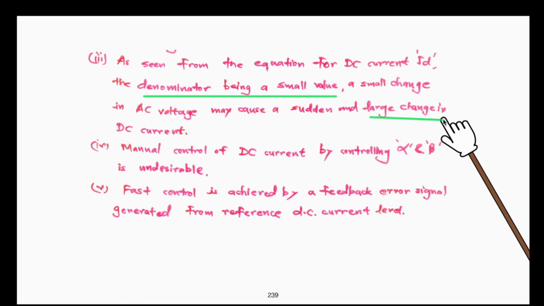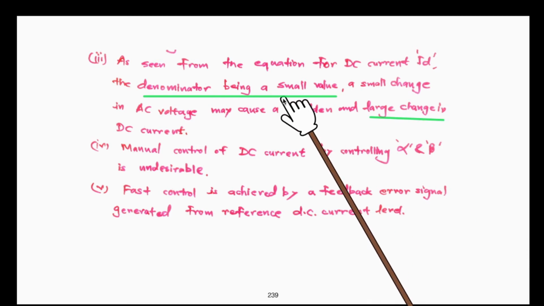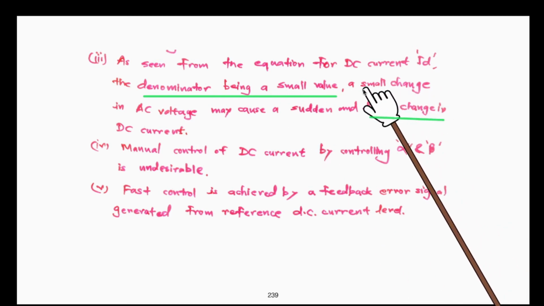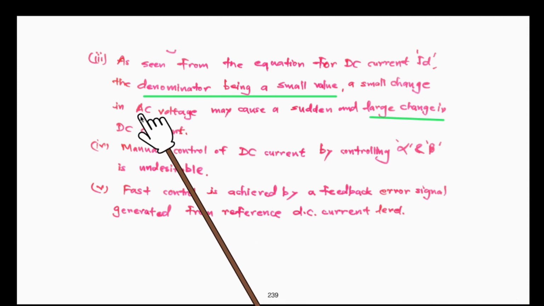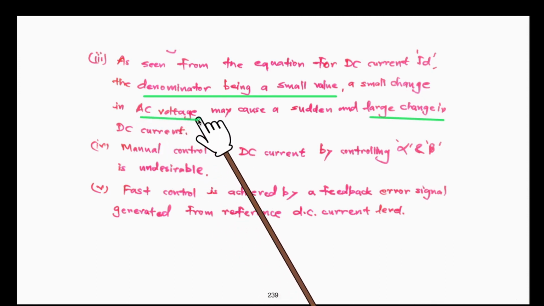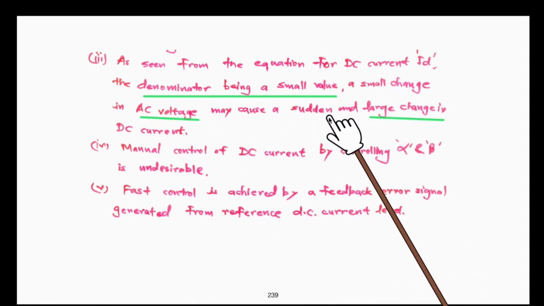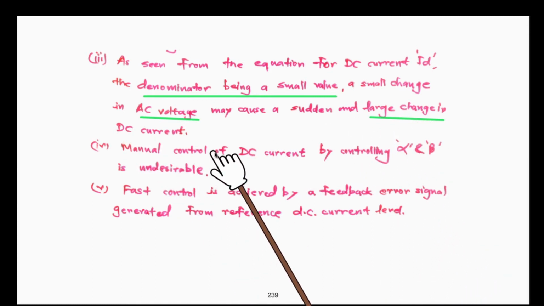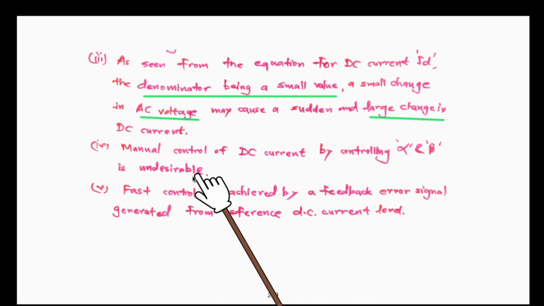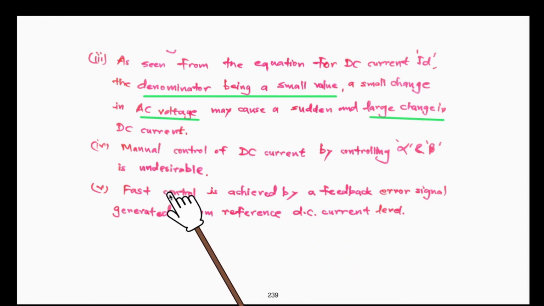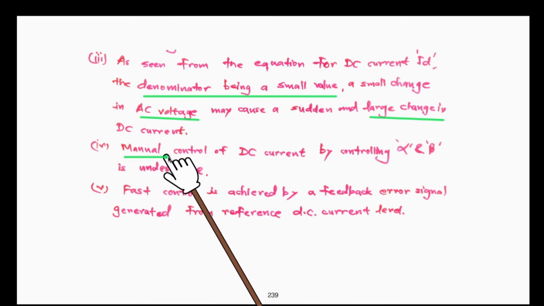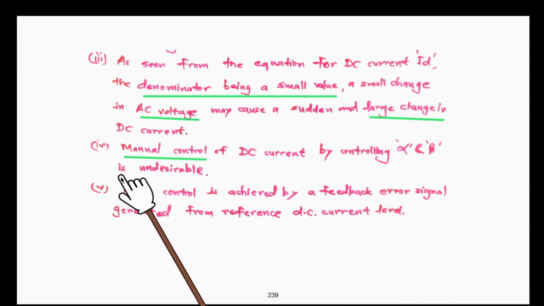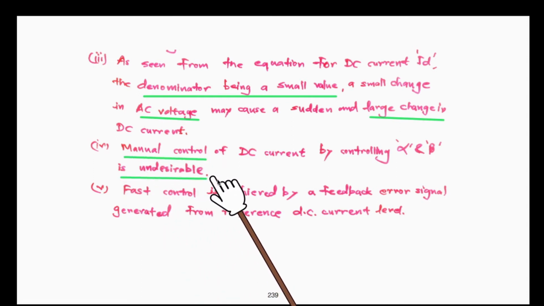The denominator is very small, so even a small change in AC voltage, whose value is in kilovolts, divided by a very small number, gives a large change in the DC current. And hence manual control is undesirable. That is mentioned clearly. Manual control should not be done.